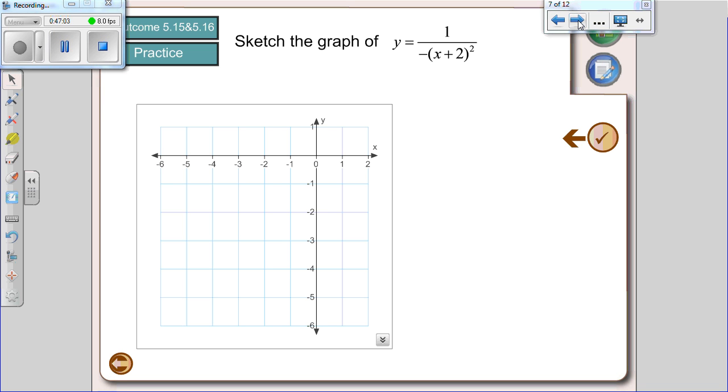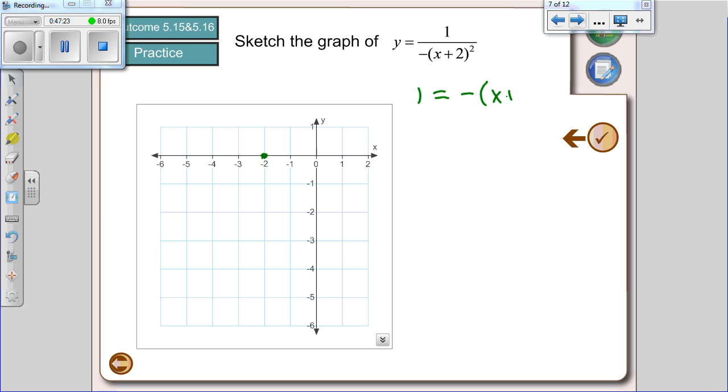I calculate my invariant points. So 1 equals negative (x plus 2) squared. Negative 1 goes to that side. Isn't it... Oh, sorry, yeah. That's why I got lost. It touches negative 1 because it's going down. Thank you.